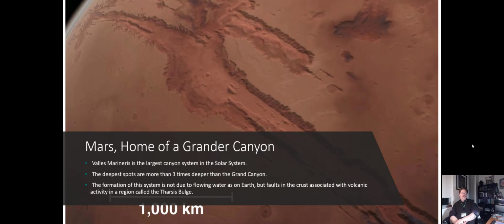Unlike the Grand Canyon, which I said is formed by water action, the Colorado River over millions of years digging into it, we do not see evidence of any sort of water action creating Vallis Marineris. There are essentially 4 crater walls. There is no opening through which water could have come in.